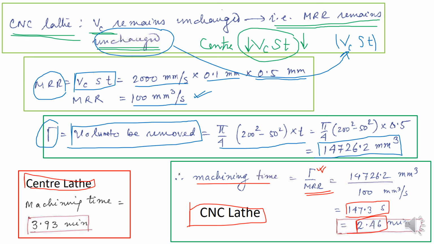That means in a CNC lathe or in a CNC turning center, because you have been provided with a facility where you can keep the cutting velocity constant by continuously increasing the rotational speed when you are moving from the outer periphery towards the center of the job, you are machining with a constant material removal rate, and thus you are saving on machining time. In a center lathe, material removal rate goes on decreasing because cutting velocity decreases, so you have a bit higher machining time requirement.